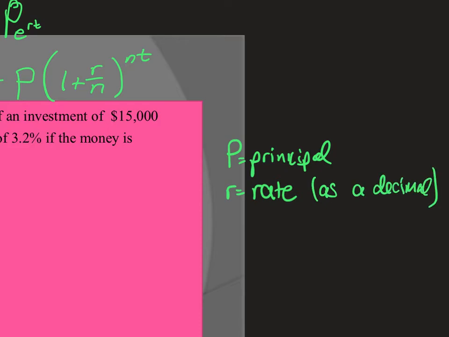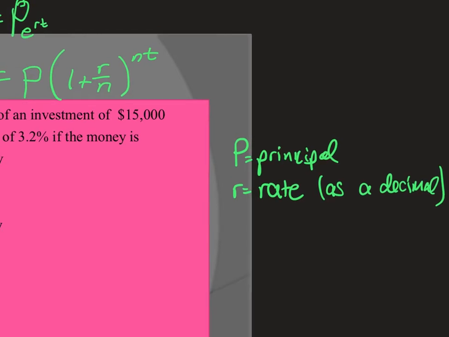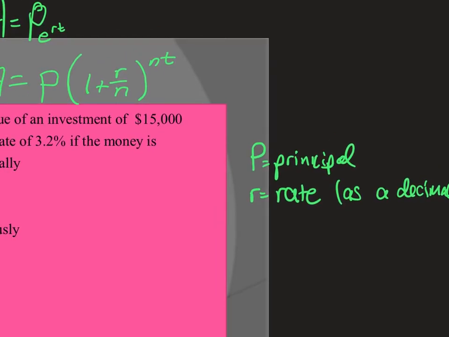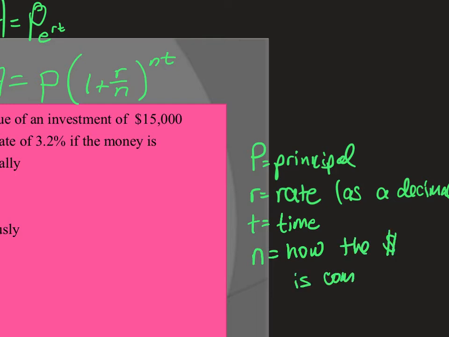Some of you will make that mistake, leave it as a percentage, and the problem will be wrong. T is your time in years. And N is how the money is compounded, and I'll tell you what I mean by that in a second.